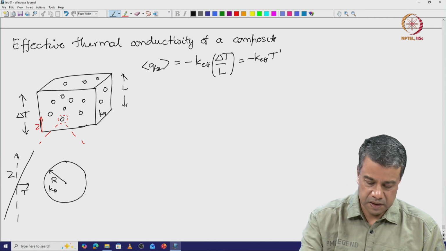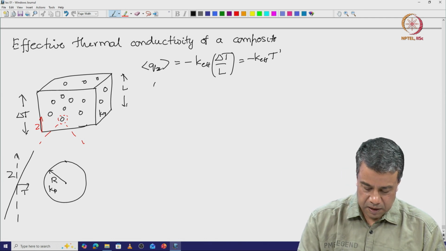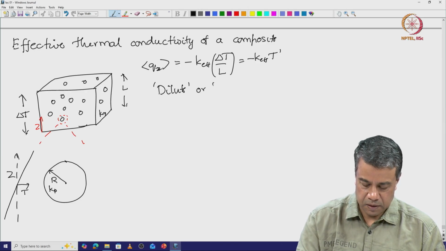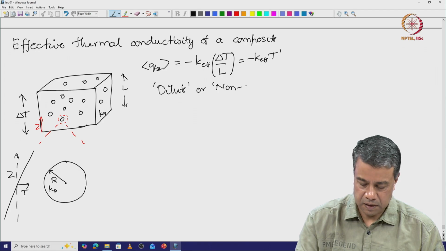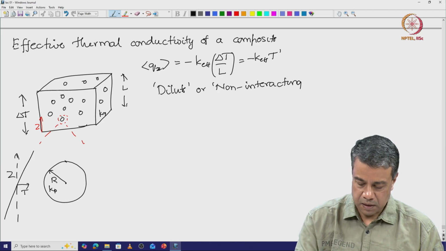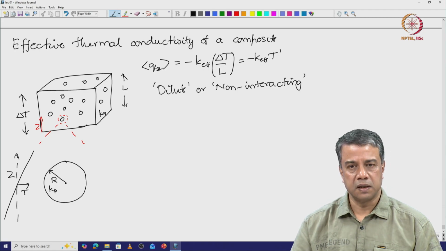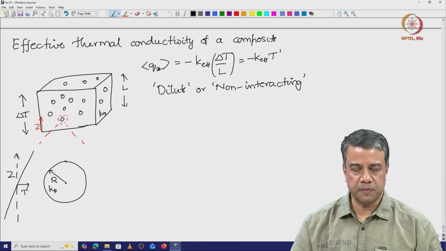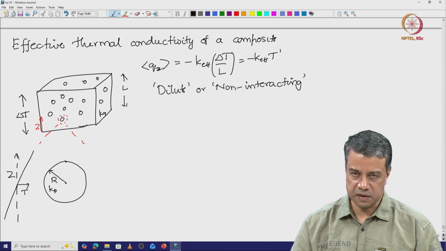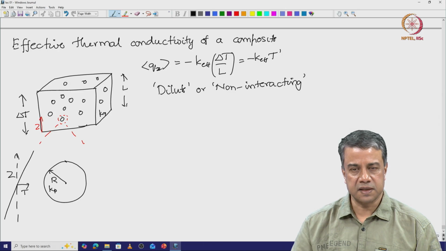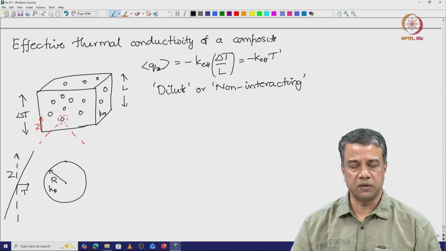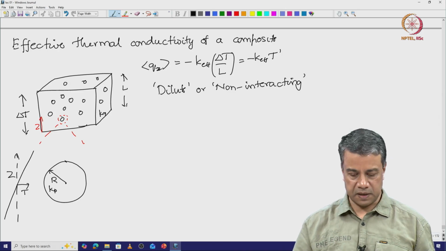Because we are considering this in the dilute or non-interacting limit, where the temperature disturbance around one particle does not affect the temperature field at another particle. So, we can consider this as the temperature disturbance individually due to single particles in this matrix.